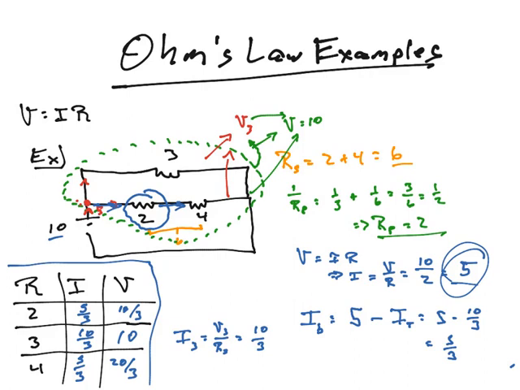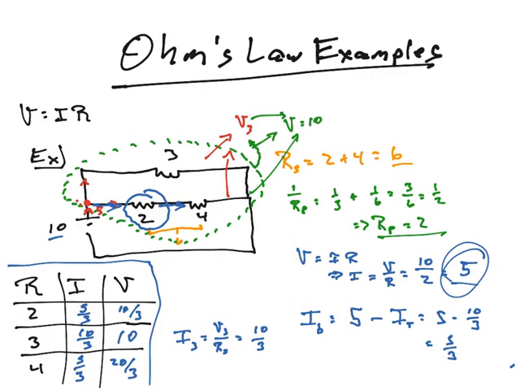So how do I figure out how much is on each resistor? I have to figure out how much current hits those resistors. How did I do that? Well, I already know the total current was 5, and it splits. Some of it goes to the top branch, some goes to the bottom. But because I solved the table for the 3, I already know how much goes to the top branch, 10 over 3.